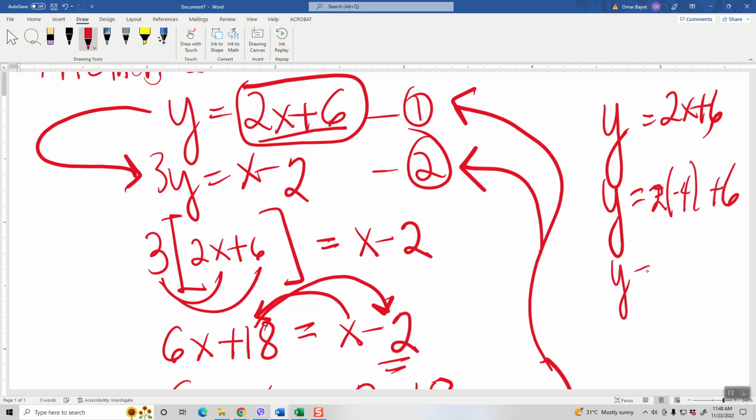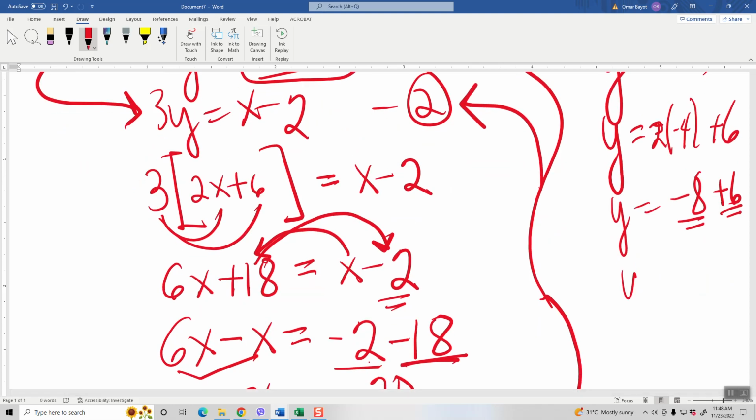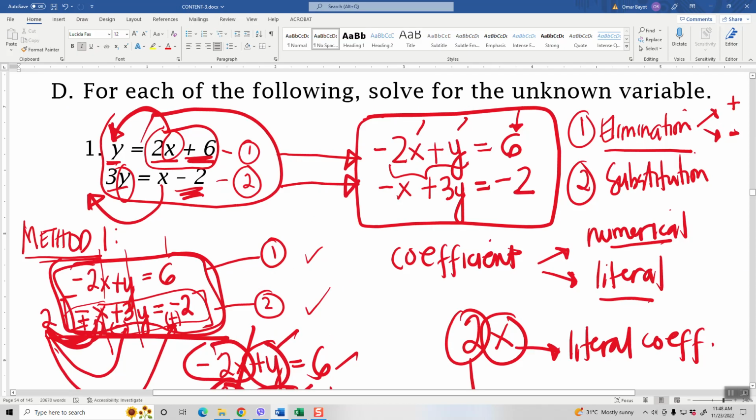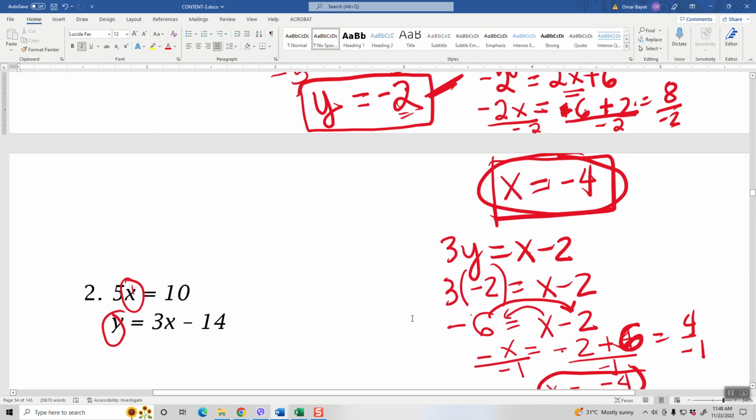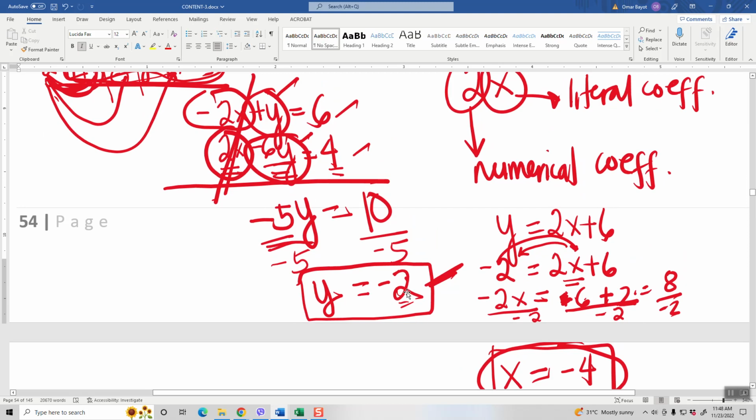So you will end up with y equals negative 8 plus 6. May utang ka ng 8, nagbayad ka ng 6. Magkano na lang utang mo? Negative 2. Are they the same here? Okay, your y is negative 2. See?